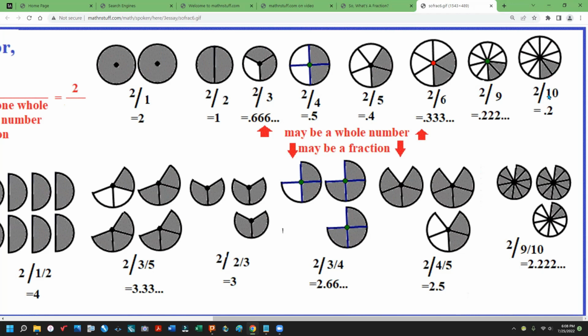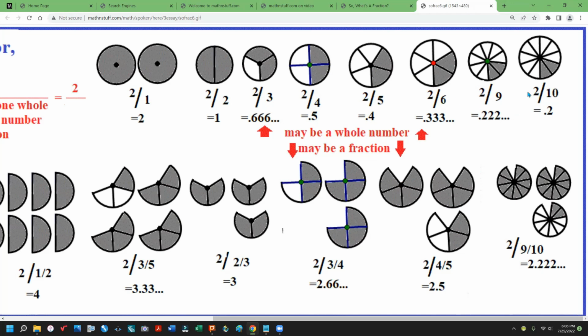We decreased the size, we increased the number of pieces in one whole. And in doing that, we decreased the size of the piece.